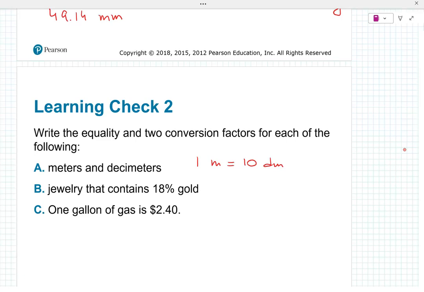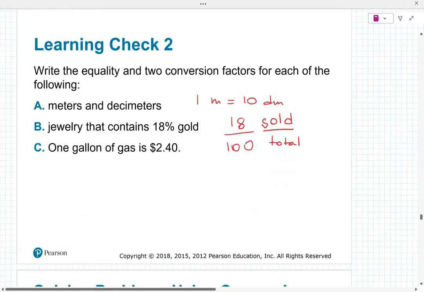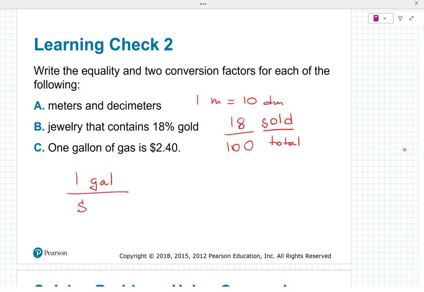There's not much of an equality here, but you can say that it's 18 over 100, like gold versus total. That's your percent. Okay? Now this is more useful. 1 gallon of gas. So you can say that 1 gallon can be bought for $2.40, or you can say that $2.40 can buy you 1 gallon of gas. Okay?